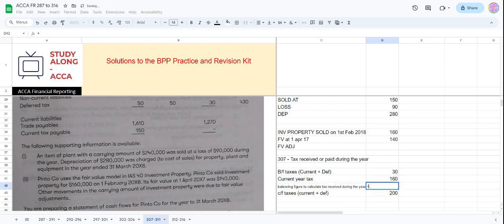It will be 10k, 10,000. So our answer will be 10,000 received.